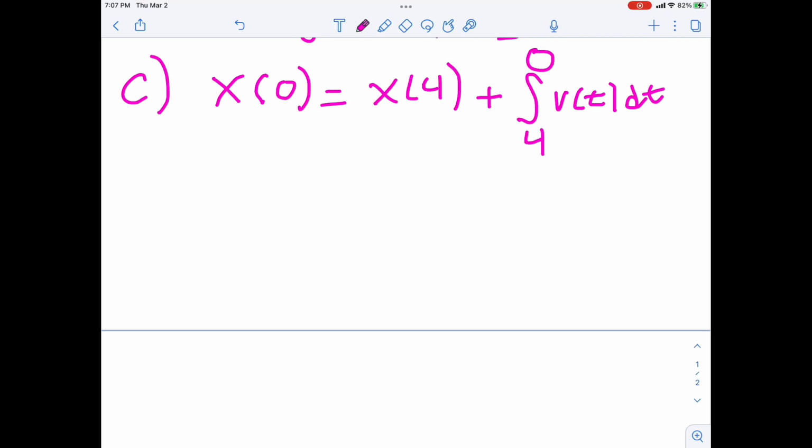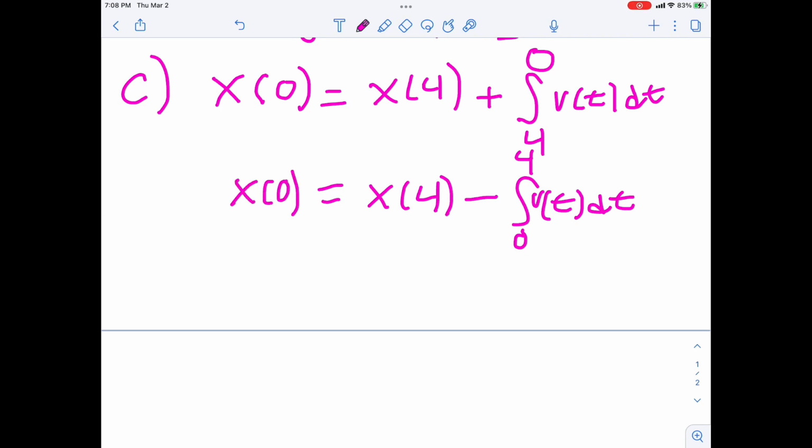But a way that we can rewrite this that maybe visually makes more sense is by saying x of 4 minus the integral from 0 to 4 of v of t dt. That's just a way to rewrite this integral so it makes more sense, because if you think about it, you have a position at t equals 4 and you want to subtract everything between 4 and 0 to find out what your initial position was.